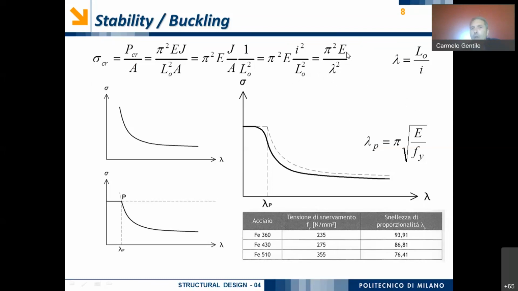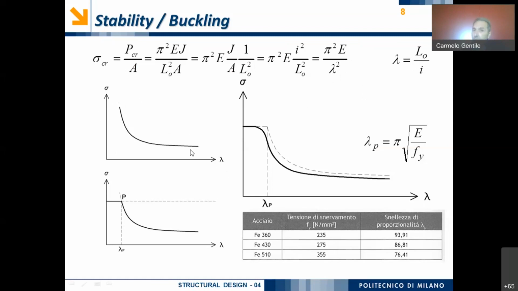So for a steel, we know that the value of the Young modulus is constant. Lambda, the slenderness, depends only on the geometry of the cross-section. If we put in one plane sigma and lambda, we obtain a curve like this.